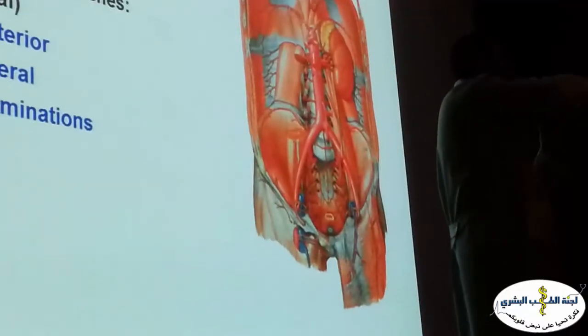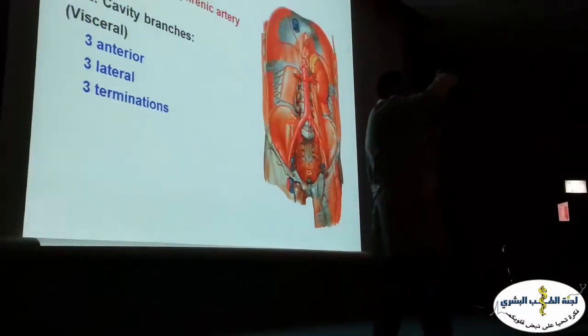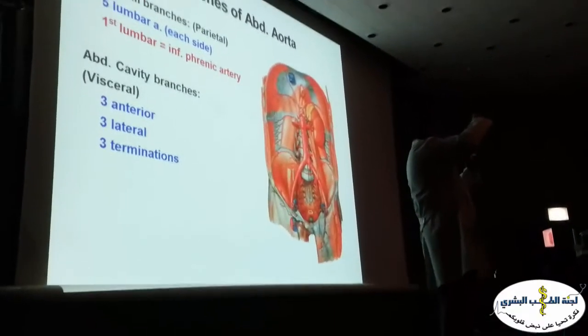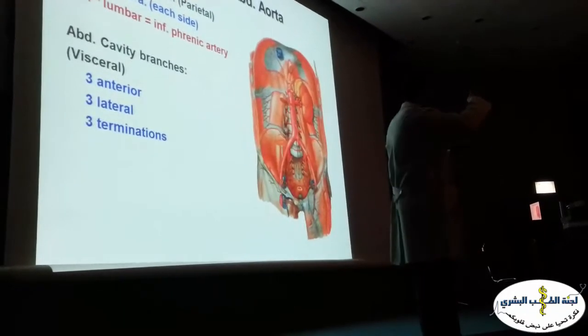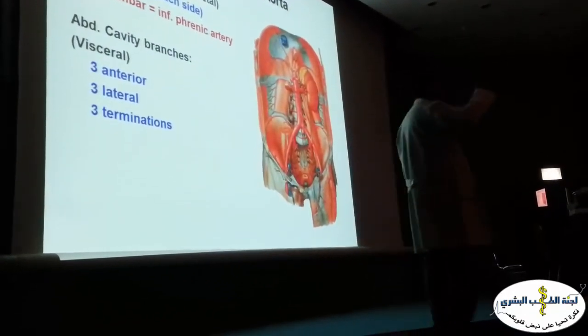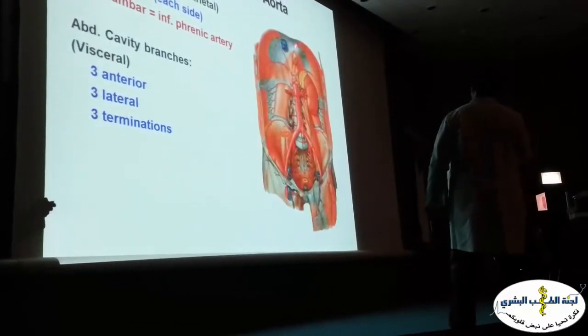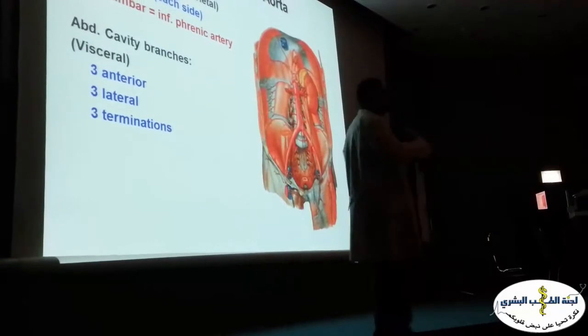Where the ampulla of Vater is opening. At the major duodenal papilla. So, the part of the duodenum above is from the foregut. The part of the duodenum below is from the midgut, okay? Since the part of the duodenum above is from the foregut, it is supplied by the celiac, okay? The one below from the superior mesenteric.